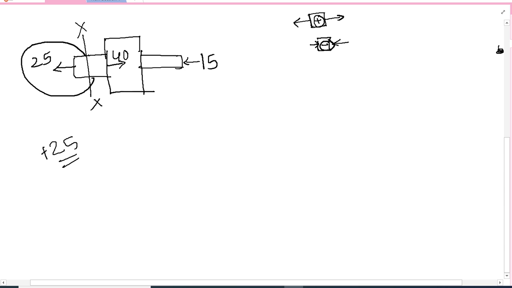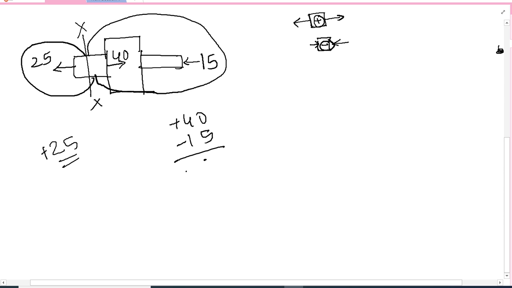We can cross check that from the right hand side, it comes as plus 40 minus 15, which is plus 25. Yes, it is the same. That means if you have to find the load at any section, just do the algebraic sum from either side. Here the left side is very easy because there is only one load, so I'll directly write it as 25.